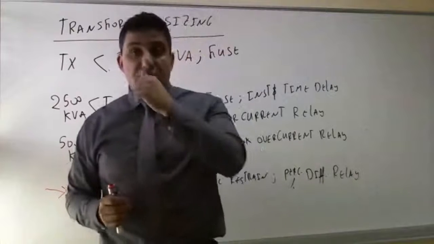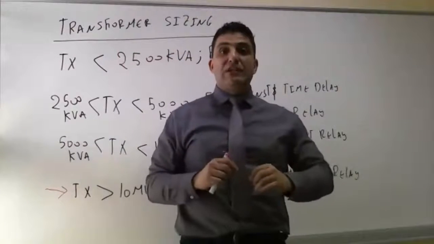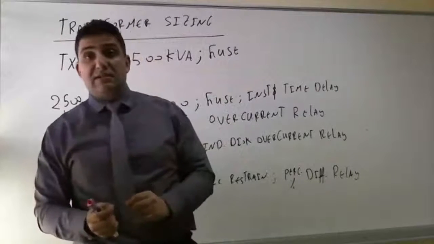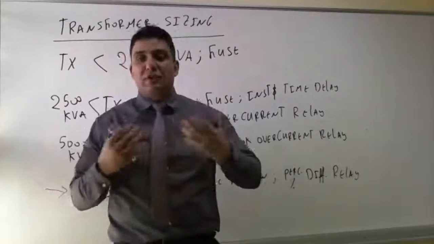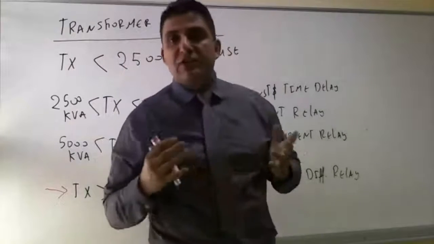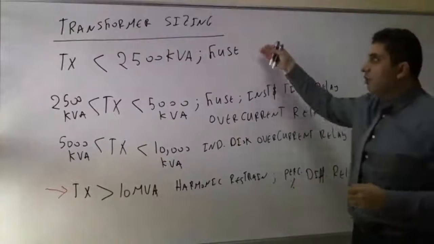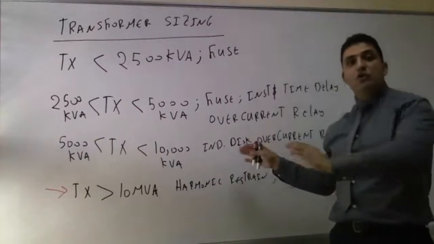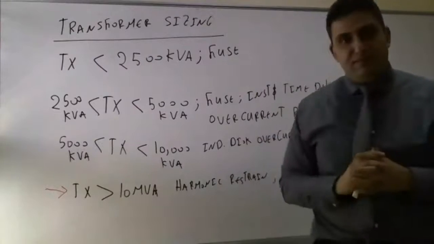Transformer location and its function is very critical. If the transformer is located in critical locations, let's say in a hospital emergency or in a very advanced electronics manufacturing plant, I need to also take into consideration more advanced protection to ensure protection of the transformer from an electrical point of view.